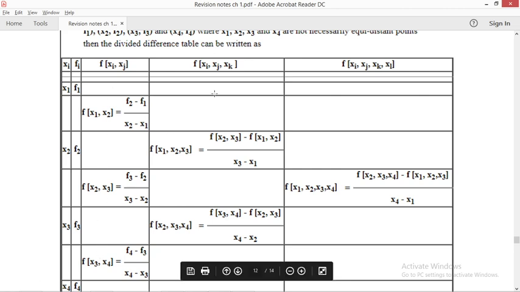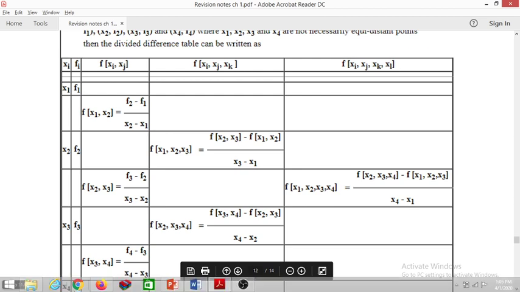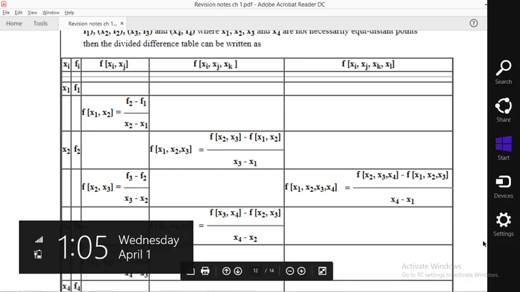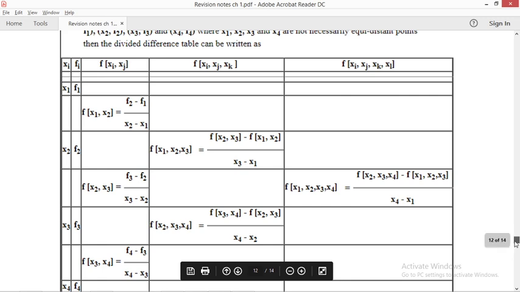Similarly, in the next column, we will be using three values, which is x1, x2 and x3. In the next column, we will be using all the four values, which is x1, x2, x3 and x4. We divide them by the first and the last point that we are considering in one particular iteration. Please have a look at the table before we move further.